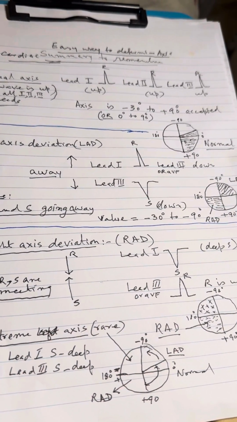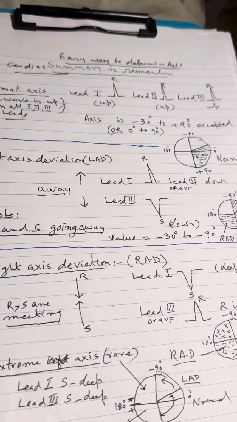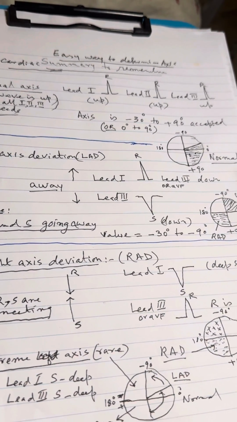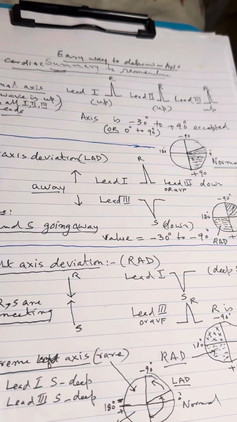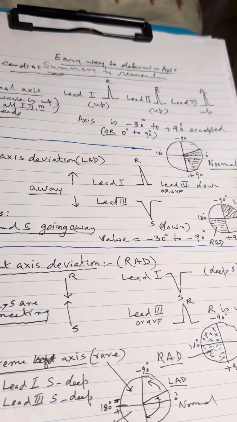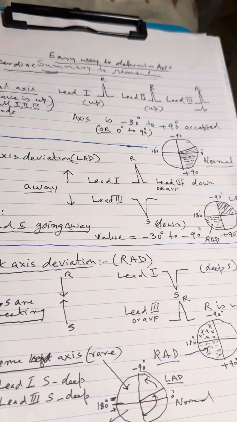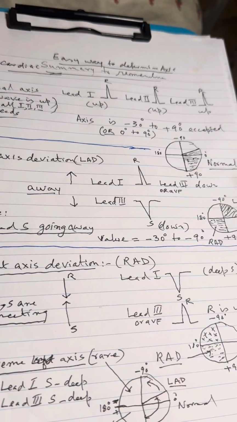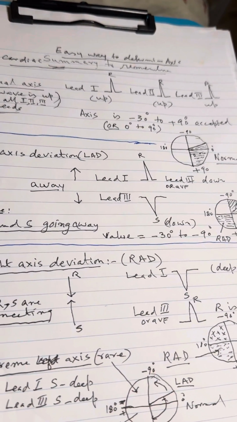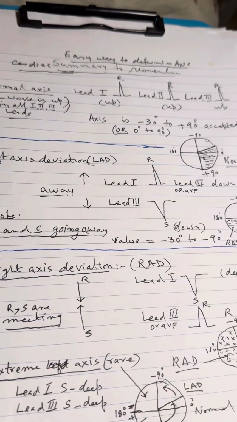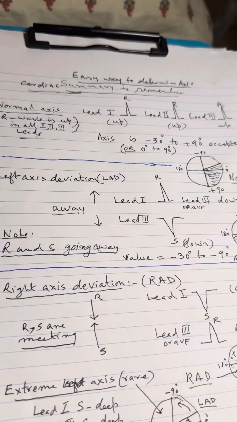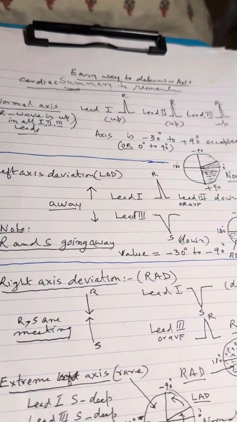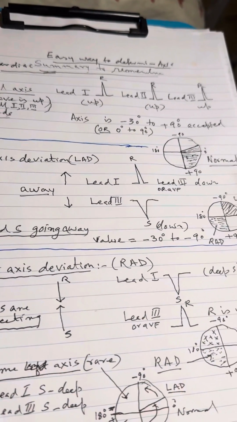Another way is to measure the height of the R wave in lead 1 and look at the depth or height of the R wave in lead 3 or AVF. Now I am giving an example here of the QRS wave in lead 1 and lead 3.